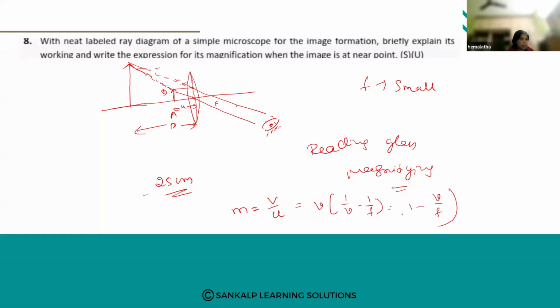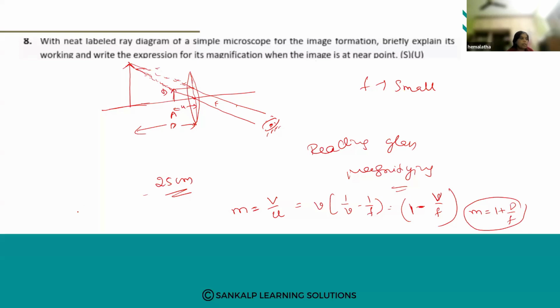That is the linear magnification, and m is equal to d, since v is negative, the magnitude is d. So m is equal to 1 plus d by f.